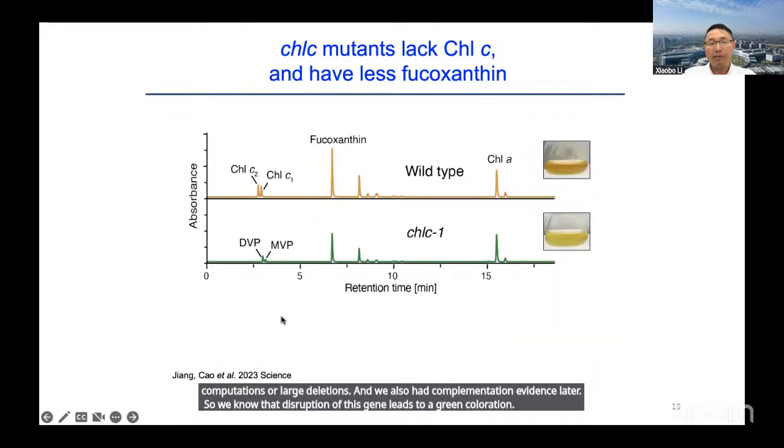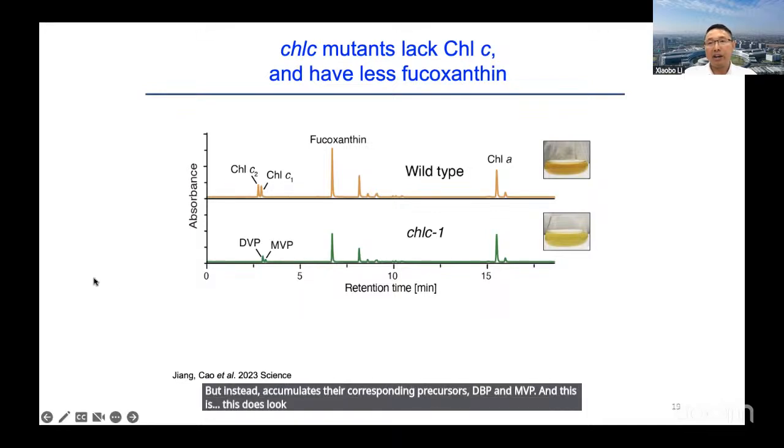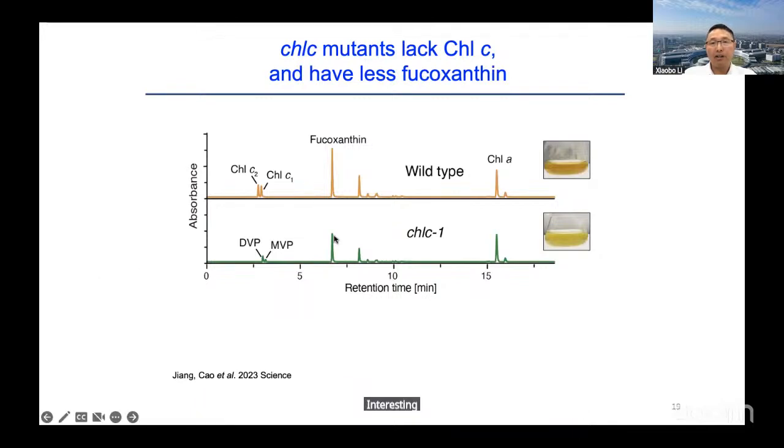We then did HPLC to analyze the pigment composition of the mutant. Compared to wild type, the mutant completely lacks the 2 chlorophyll C species, but instead accumulates their corresponding precursors, DVP and MVP. And this does look consistent with what we expect for a chlorophyll C synthesis mutant. Interestingly, in parallel, if we look at the carotenoid fucoxanthin, the ratio of carotenoid to chlorophyll A is also lower in the mutant.